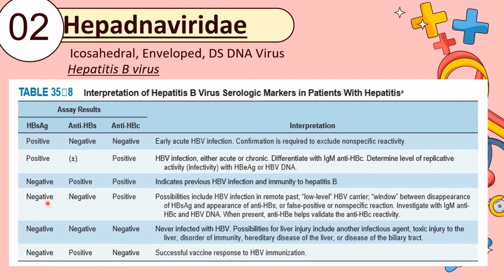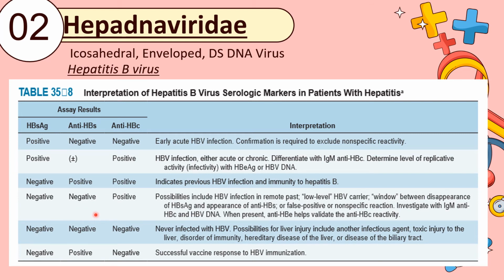However, if you have a negative HBs antigen and a negative anti-HBs, rather, with positive anti-HBc, this could mean a few other situations. Either there is a low level of hepatitis B virus, which could be from a carrier, or a window phase between the disappearance of the HBs antigen and the appearance of anti-HBs.